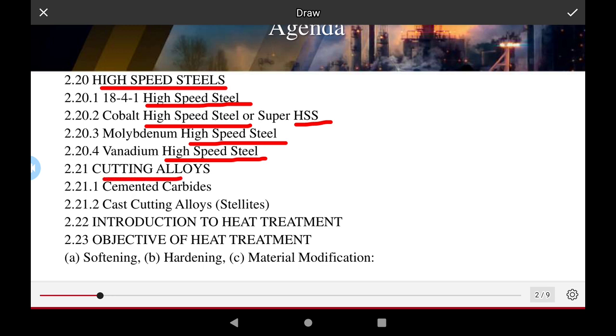Cutting alloys: cemented carbides, cast cutting alloys, stainless.